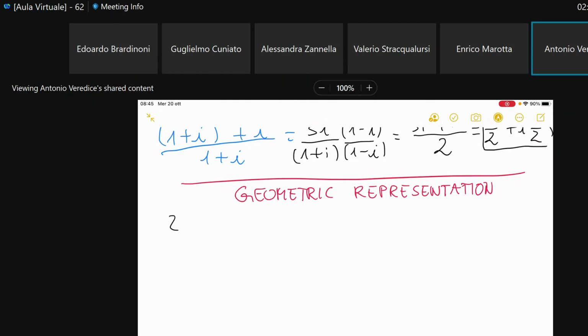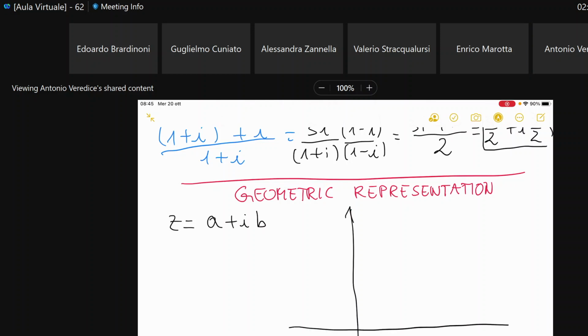As I told you, I can represent a complex number z, a plus ib, in the complex plane, where the x-axis is the imaginary axis. Sorry, this is the real axis. I hope I wrote it well before. This is the real axis, and this is the imaginary one.